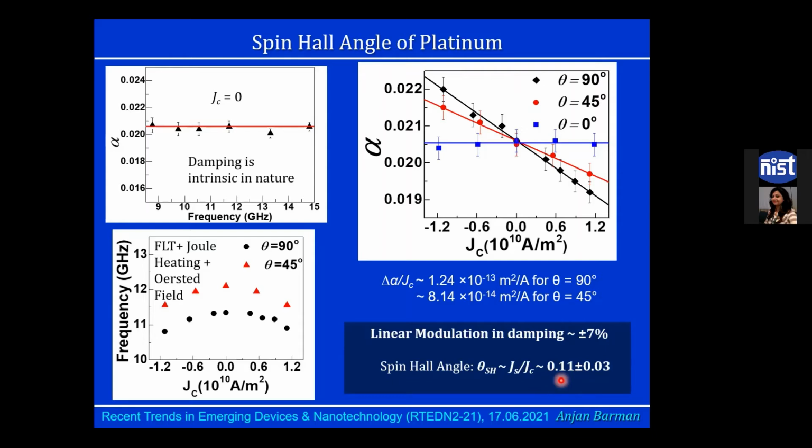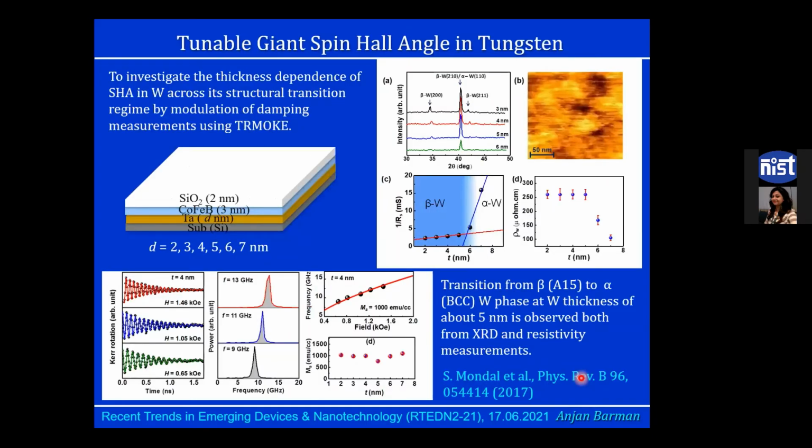So that is a reliable value for platinum, because some of the reliable measurements showed a value between 0.1 to 0.15. So our value falls in that. So when we were confident about that, we went on to measure the spin Hall angle in a very important material, that is tungsten.